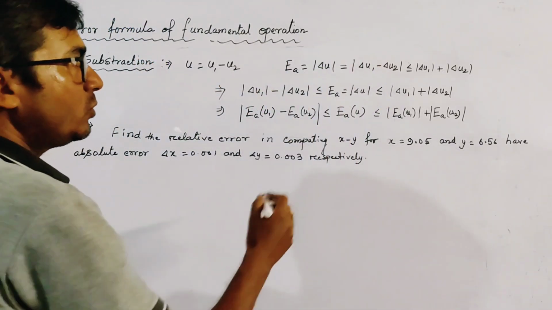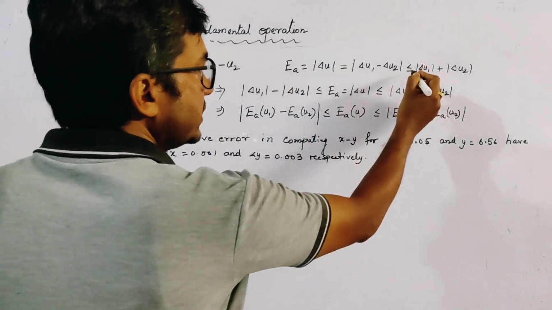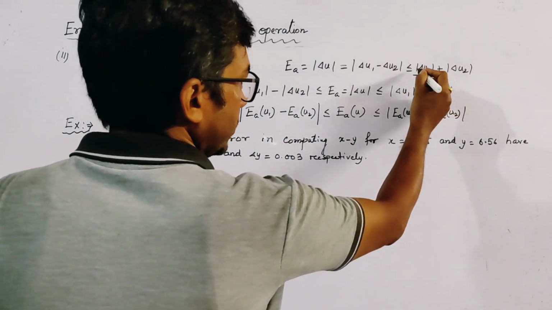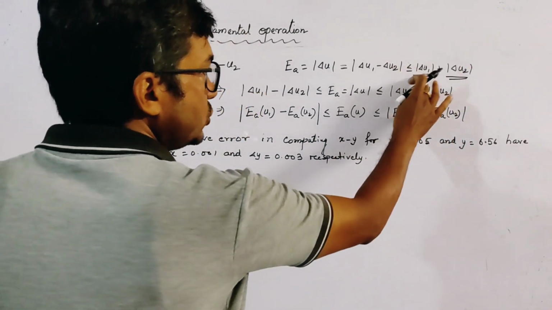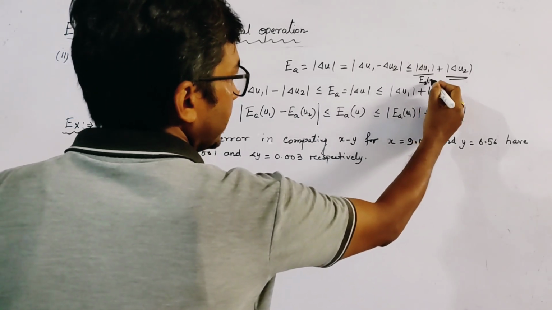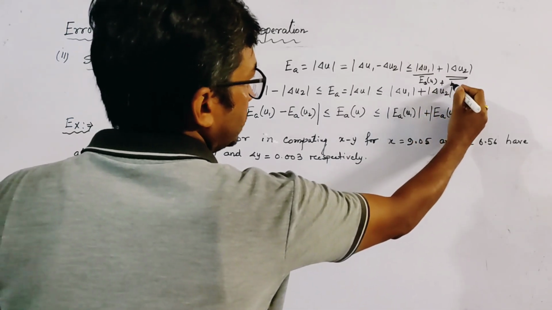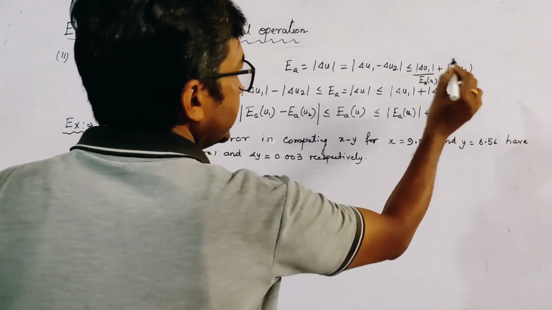Okay. Now using the property of mod, we get this is less equal to mod delta u1 plus mod delta u2, and these two are the absolute error of u1, and this is the absolute error of u2. Okay, we get this result.